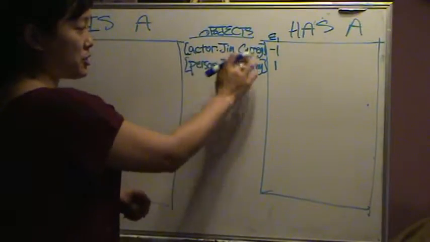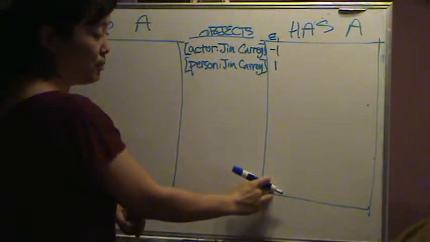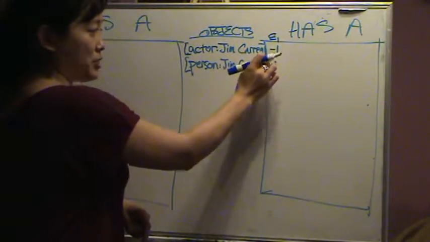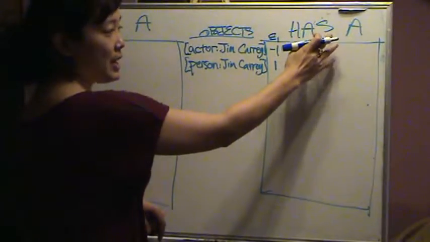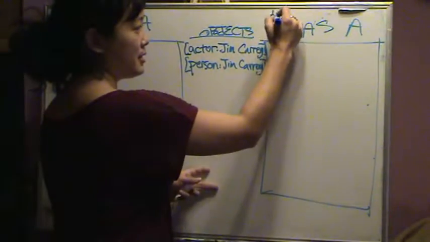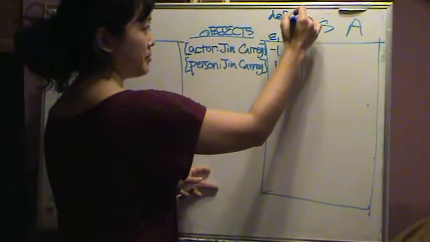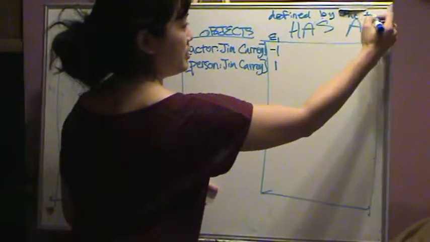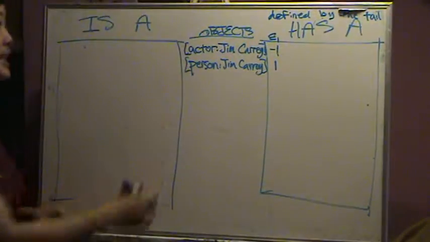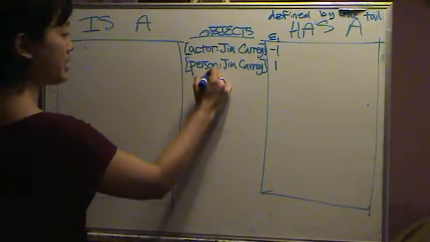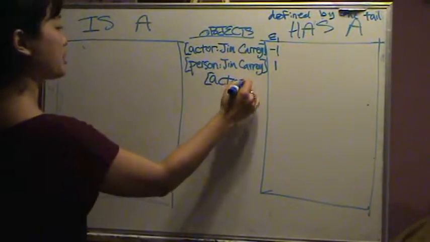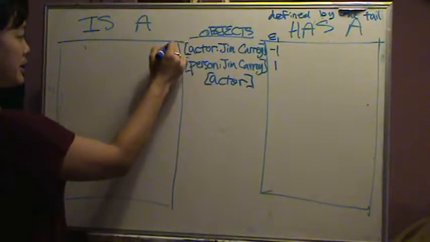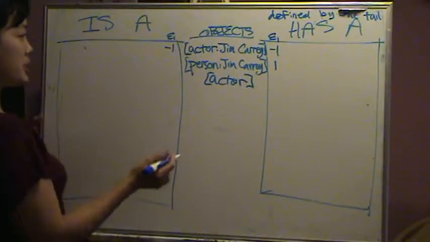So this actor Jim Carrey can have multiple properties, which will all be positive ones, but it only comes from one actor Jim Carrey. So again, over here, this is defined by the tail. Over here on the is a, if I say actor Jim Carrey is a actor, I've got a -1, we'll just call this an edge here.